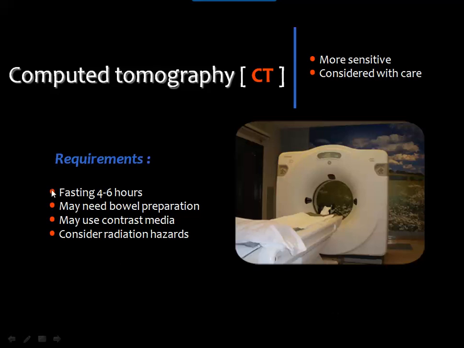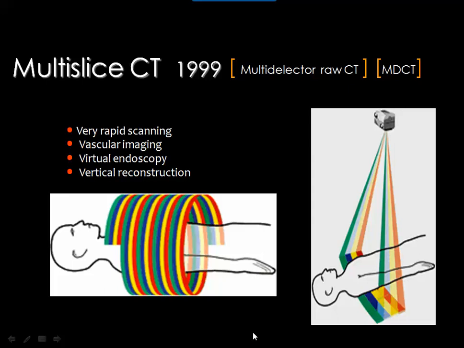There should be good bowel preparation sometimes in special situations, and you may use contrast media, as I will mention, and you consider the radiation hazards whenever you are repeating this exam. And whenever you are going to inject the patient with contrast, you need the patient to fast from 4 to 6 hours. And when the multi-detector CT or the multi-slice CT is now available in the market, we have achieved too many benefits.